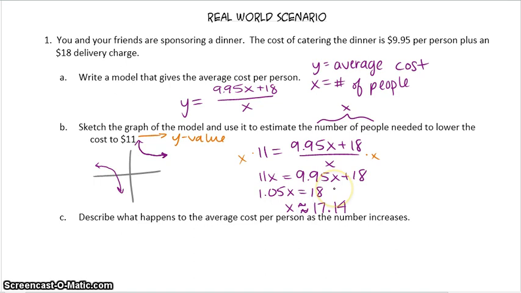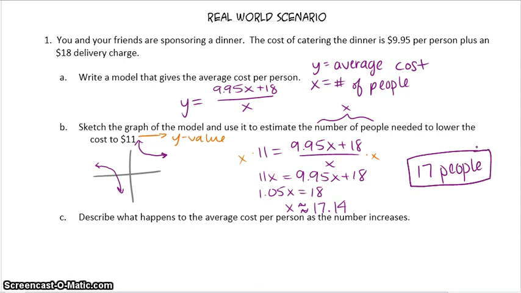So if x is a number of people, and we get 17.14, if we want to make that a whole person, we're going to round down to 17 people, because we can't have 0.14 of a person.